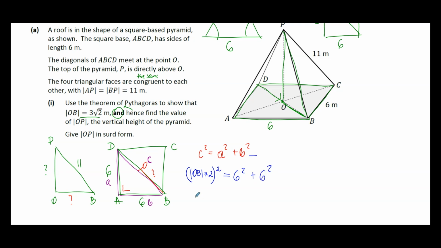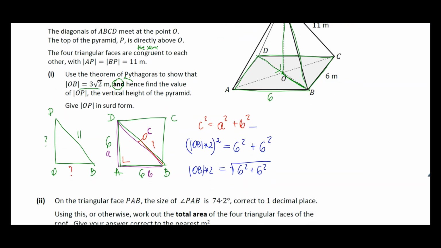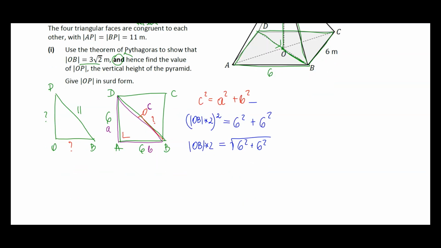First we eliminate the power of 2, so we take the square root of the other side. And then the last part is to eliminate that 2, meaning divide both sides by 2. We put that in the calculator, and indeed we get 3√2.